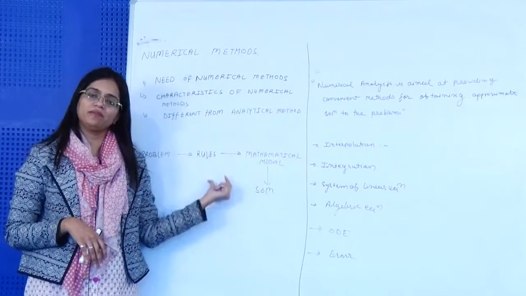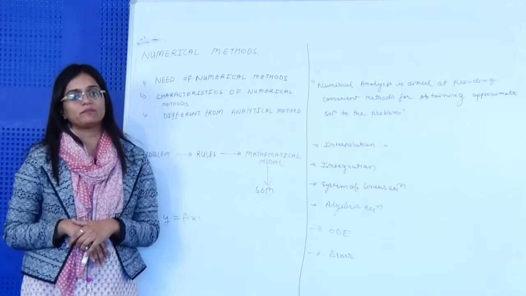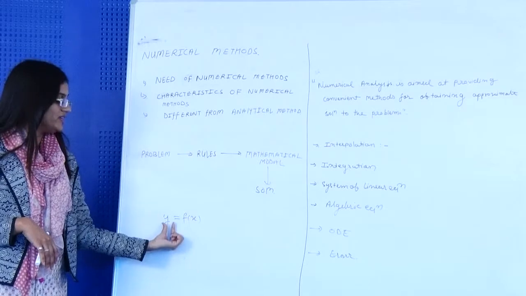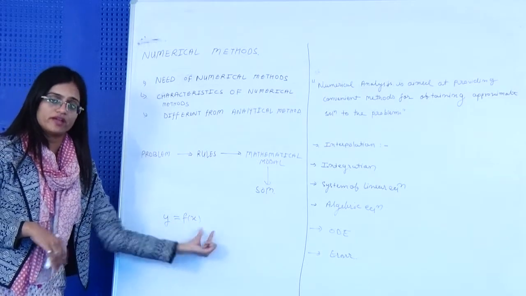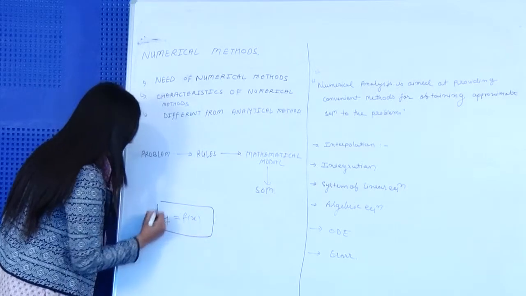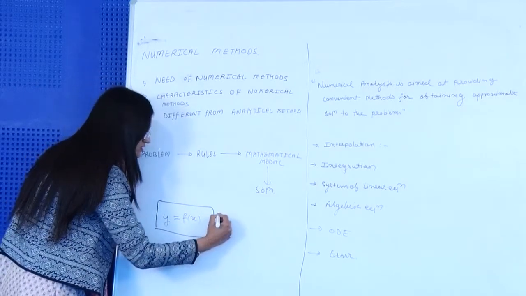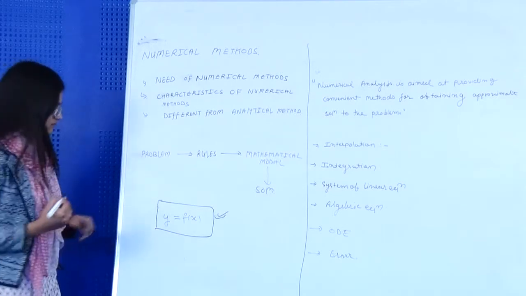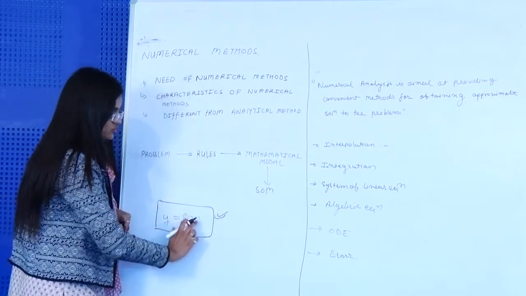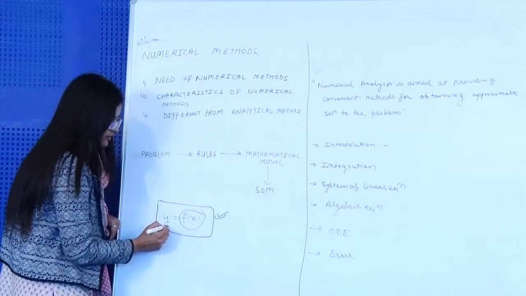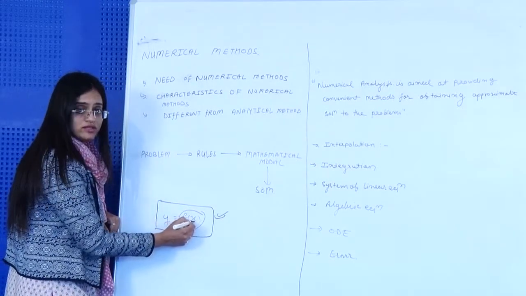The problem can be any kind, but I will explain the problem which contains y equals f of x, which is a generalized equation for numerical method. Here y equals f of x, where f of x is your function and y depends on x.